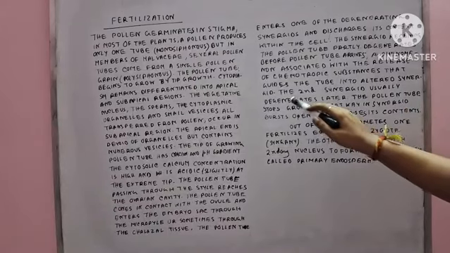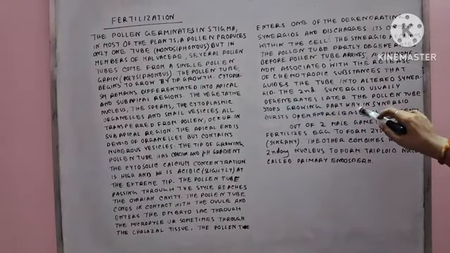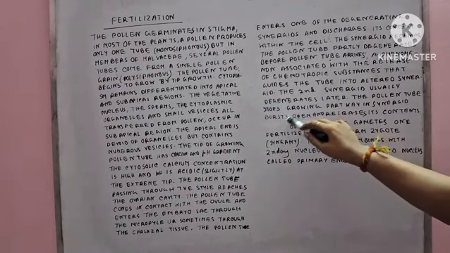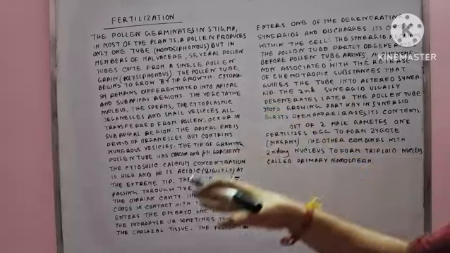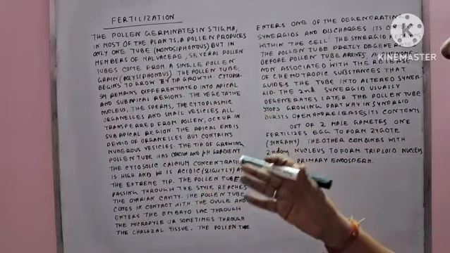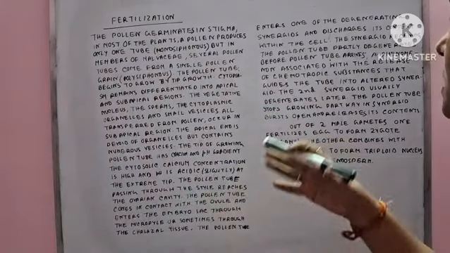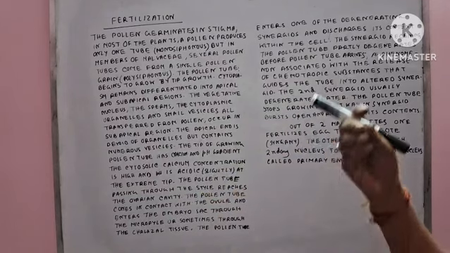The pollen tube stops growing partway in the synergid and bursts open, releasing its contents.